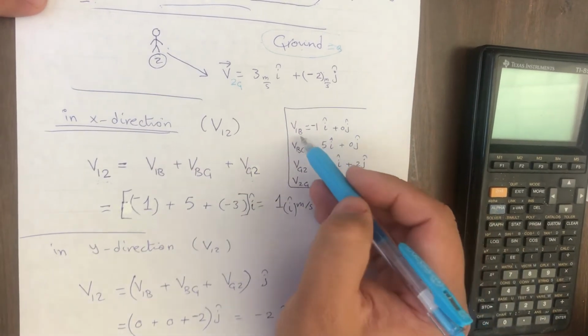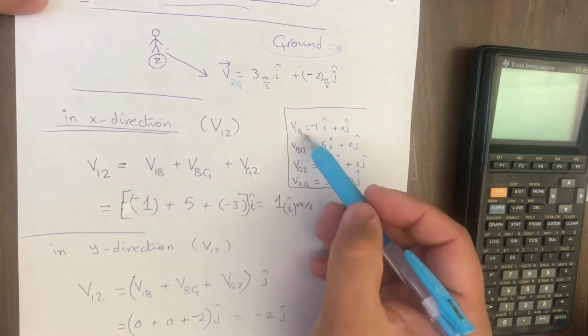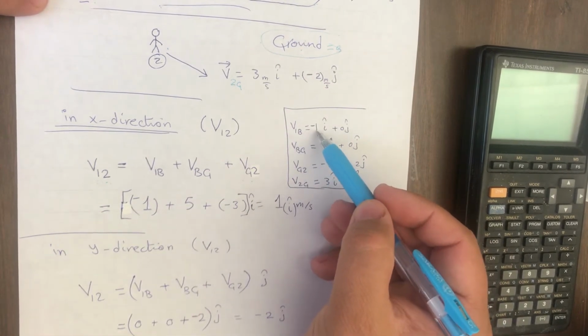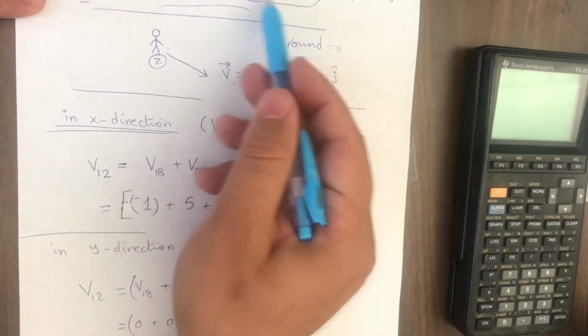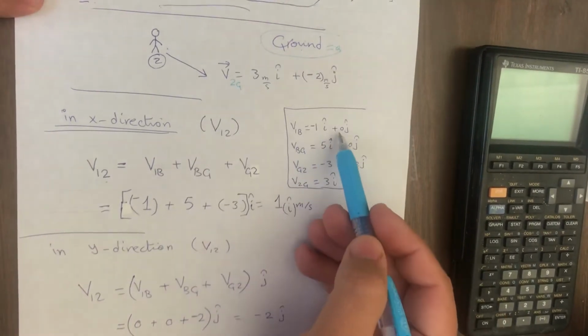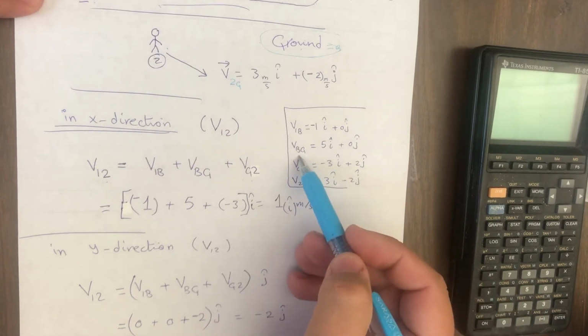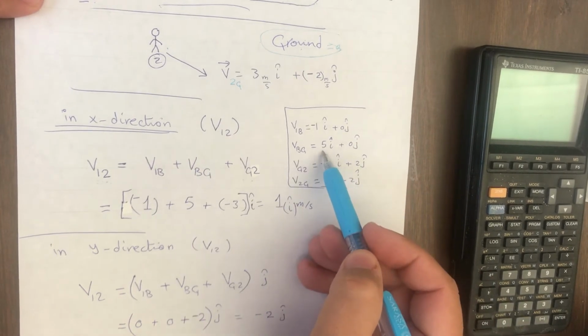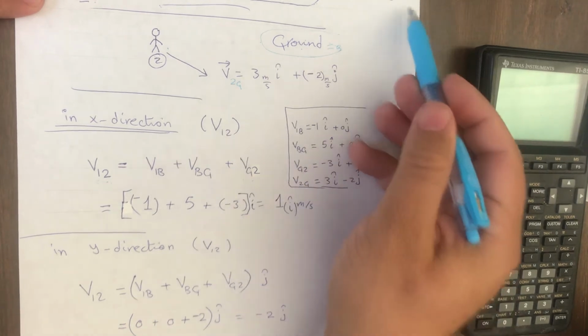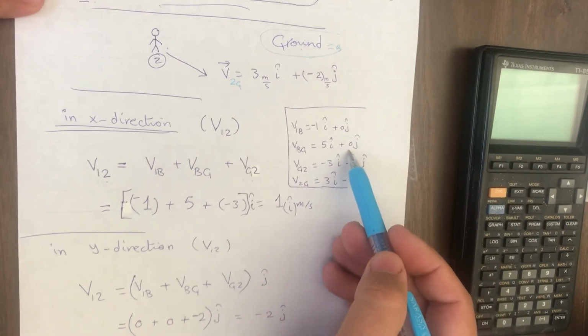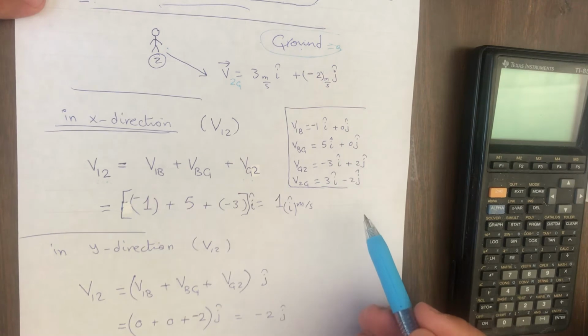We have, for the first person with respect to boat, his velocity is negative. It is to the negative, to the left direction, and there is zero component in y direction. Also, the velocity of the boat with respect to the ground is 5 meters per second to the right, and there is zero component in y direction.